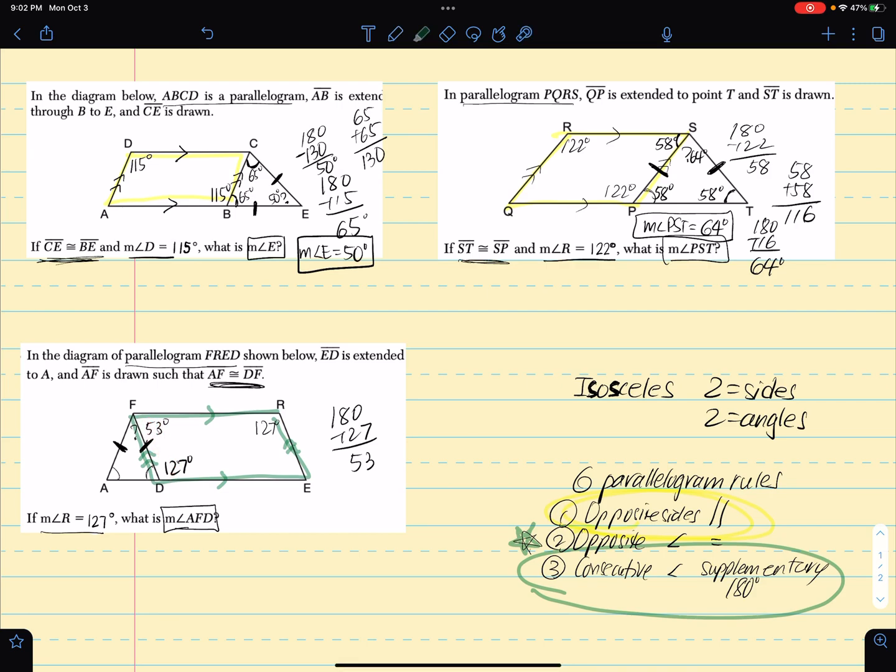Now, once again, we're looking at the Z. Do you see what I see? So these two are alternate interior angles. So if angle RFD is 53 degrees, then angle ADF is 53 degrees.